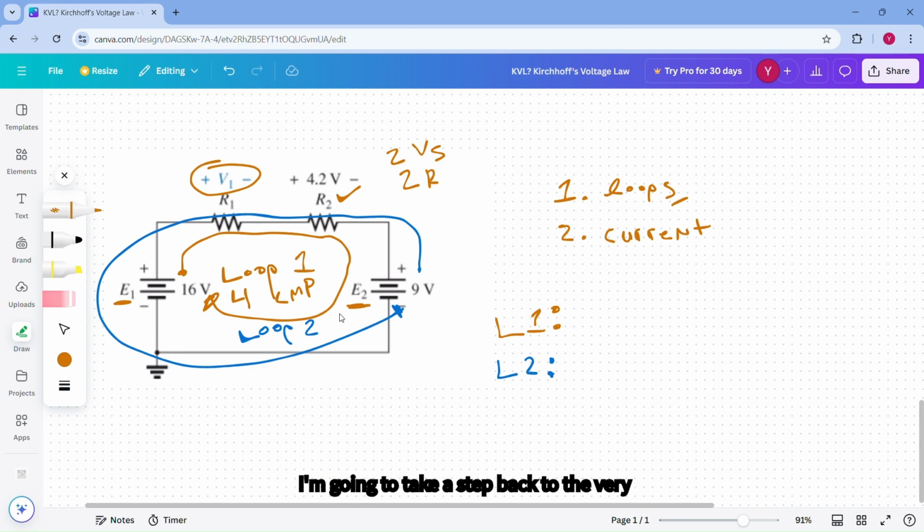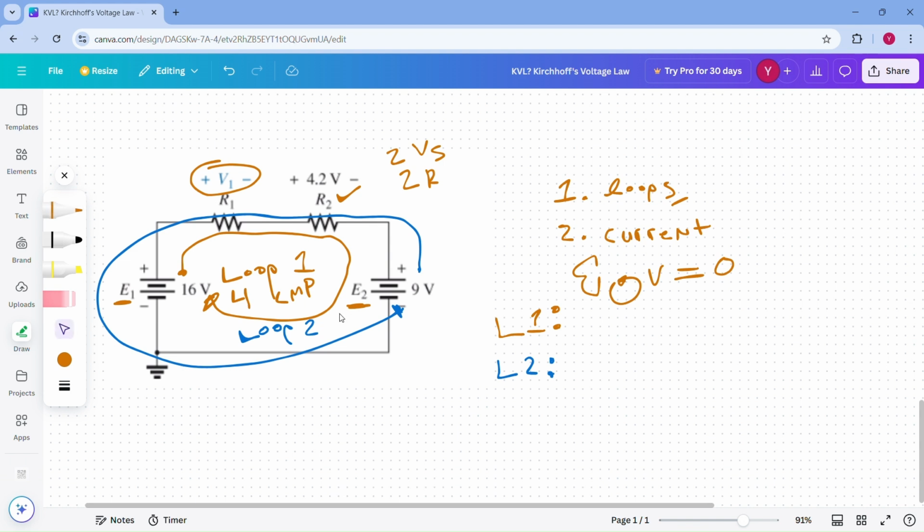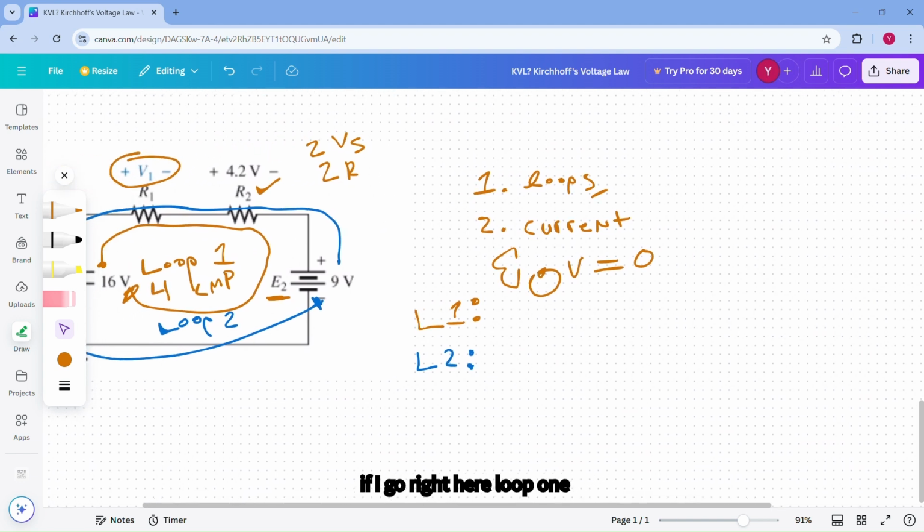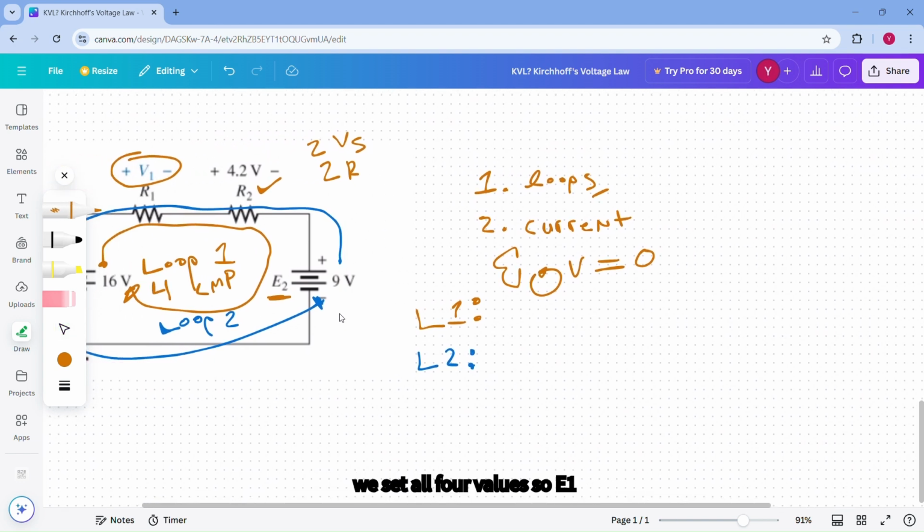Okay. So I'm going to take a step back to the very beginning where we just have this same equation with our little symbol, voltage equals 0. And that's how I'm going to set up these first equations. So if I go right here, loop 1, we set all 4 values.